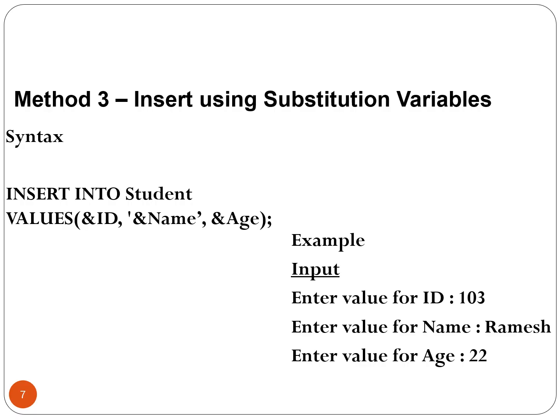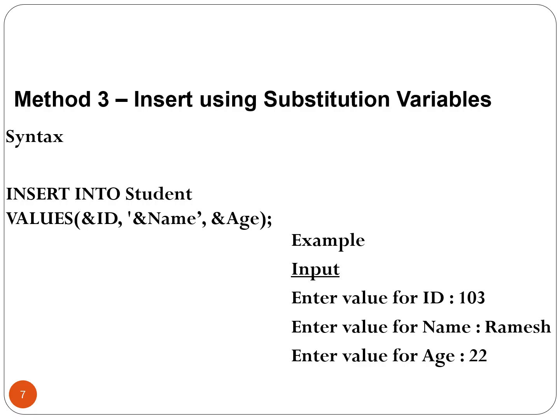Another method for inserting the records is using substitution variables. Here we use the ampersand symbol before the variable name or the column name. When we execute the command, Oracle asks the user to enter the values. Example: insert into the table name, values within bracket all the columns preceded by the ampersand symbol.